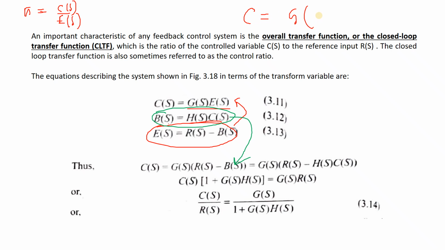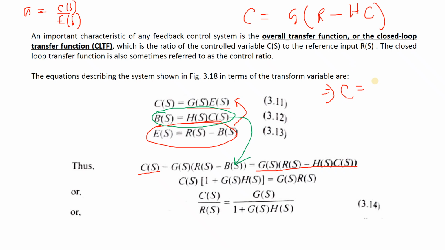First, G is multiplied inside the bracket.